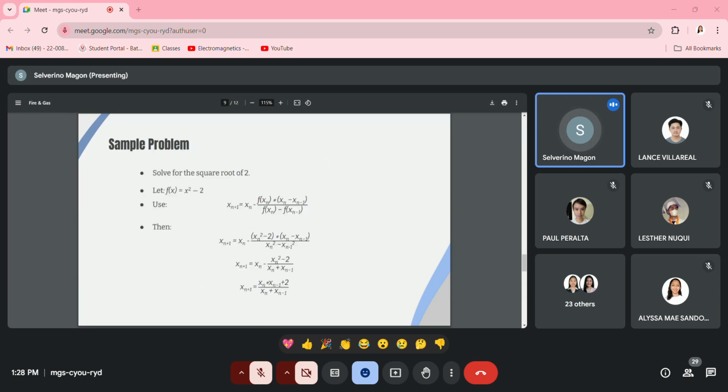Right, so now let's try to work on a problem where we will solve for the square root of 2. So the following equation, x squared minus 2.